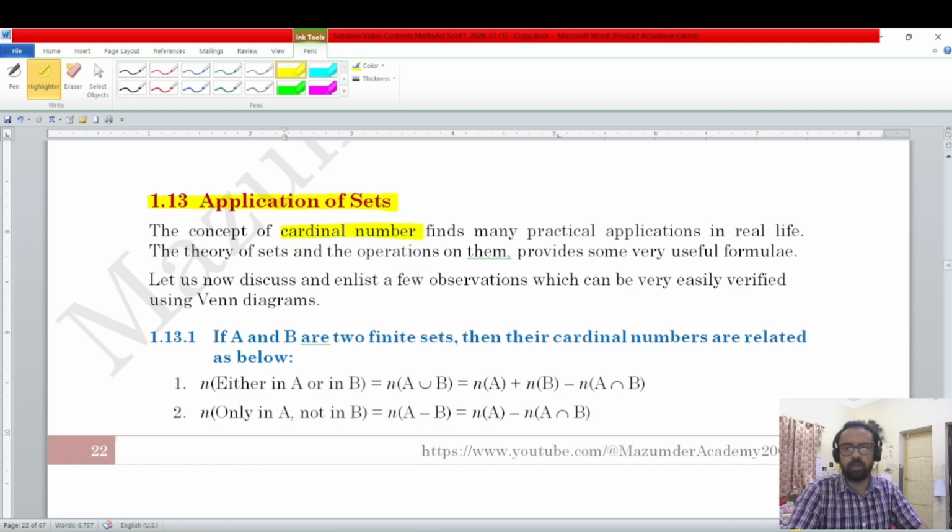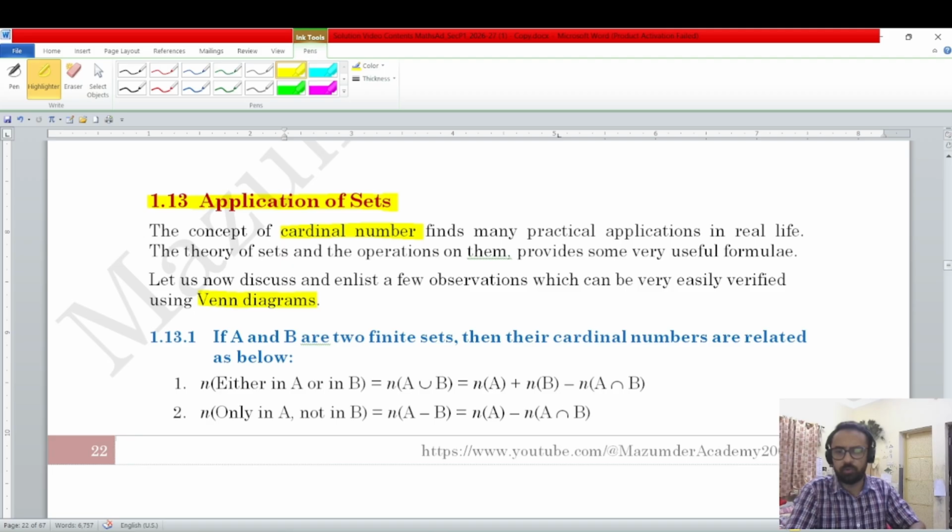So we apply this concept of set to find the number of elements that satisfying some condition. It is very easy to understand or calculate using Venn diagram. So Venn diagram also we have studied, but we will give you the formal definition or formal formula how to calculate the cardinal number for some sets satisfying some conditions.